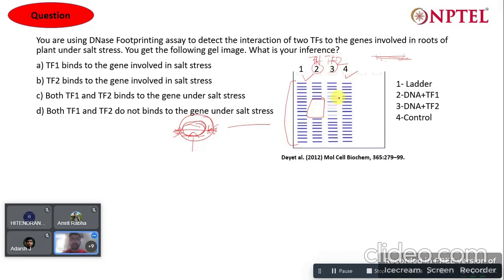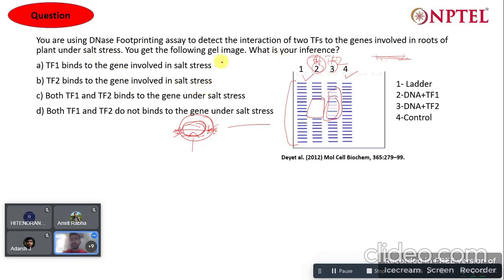This is not visible in this lane, and there is no empty region in this lane. So this signifies that TF1 is binding to the DNA that we are studying, and that can be involved in the roots under plant stress.